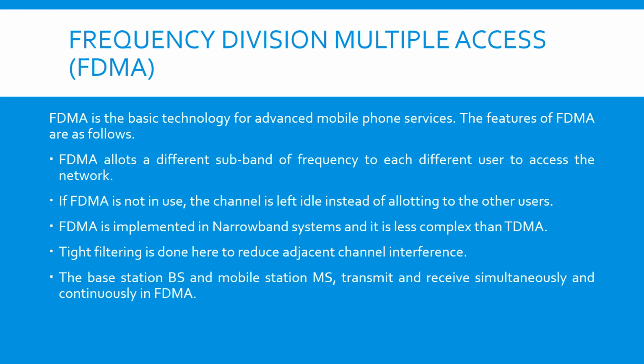So a good type of filtering was required here so that the frequencies do not match, because if the frequencies matched, then there is a risk of collision of the communication. The base station and the mobile station transmit and receive simultaneously and continuously in FDMA. In this case, the base station and the mobile stations are concurrently working at the same time.